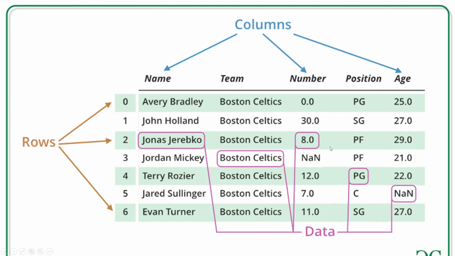Maybe we're going to get the average of the age or the sum of the numbers, and we can do all of them with the Pandas library. And this picture is just a simple overview or schema of Pandas and how we're going to work with it.